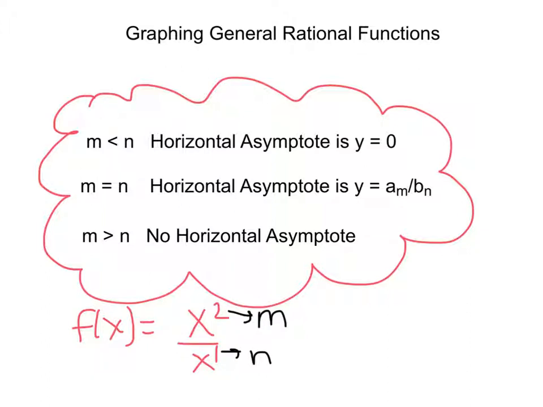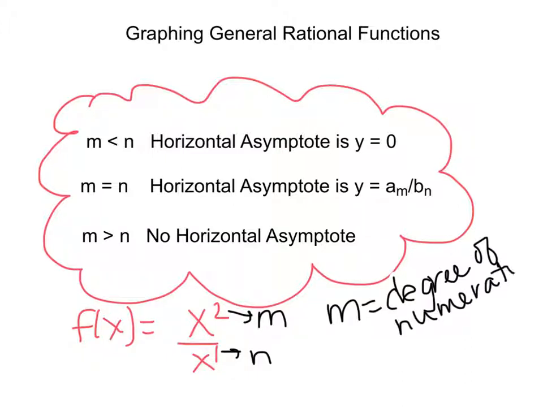So when you see the m and n, that's what they stand for. Actually, I should say that's the degree. So the m is the degree, which is the highest exponent, of the numerator, where n is the degree of the denominator.